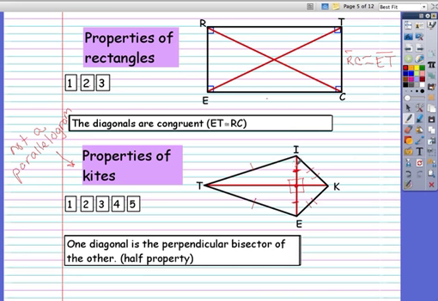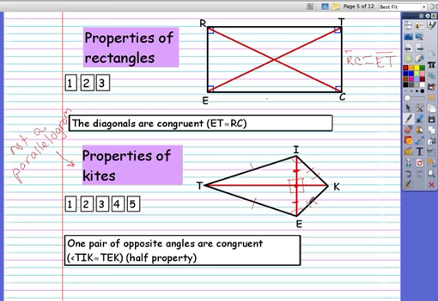So this segment, IE, is divided in half at this point of intersection. And then we have a pair of opposite angles which are congruent. In this case, angle TIK is congruent to TEK. So this angle is congruent to this angle.